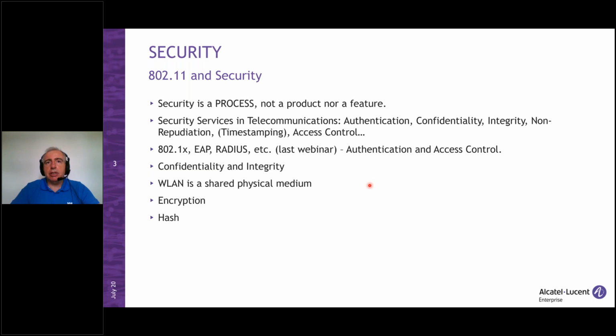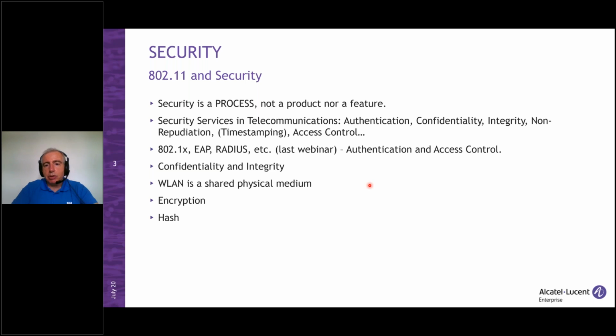Security is not a feature. Security is a combination of many things. But the more important thing is to follow the process and to adopt the process. So in telecommunications, as we were talking in the previous webinar, we have some security services that allow us to communicate safely. These security services are authentication and confidentiality.